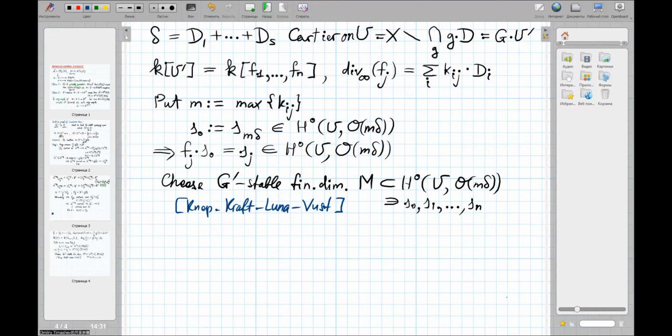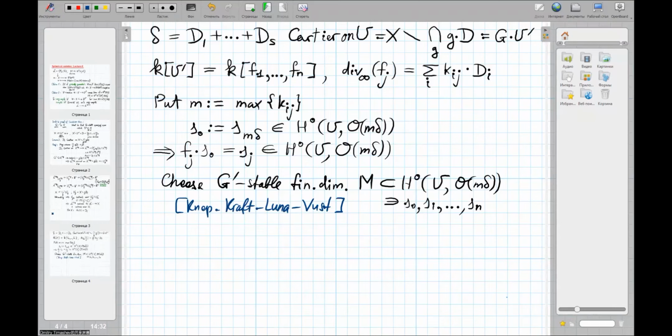So the whole space of sections is infinite dimensional, but it is exhausted by finite dimensional G-stable or G-prime stable subspaces. This is not obvious, but this is a general statement, and I refer you to this paper for the proof. I think I have no time to prove it now. So the s_0, s_1 up to s_n here is the same as those above.